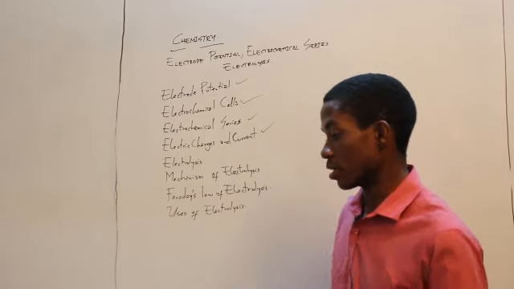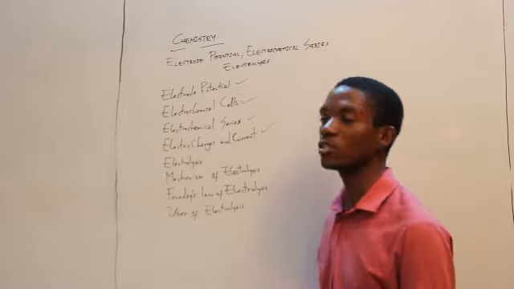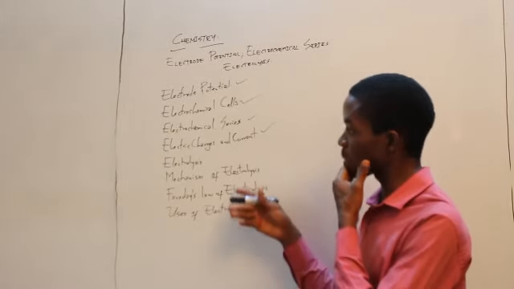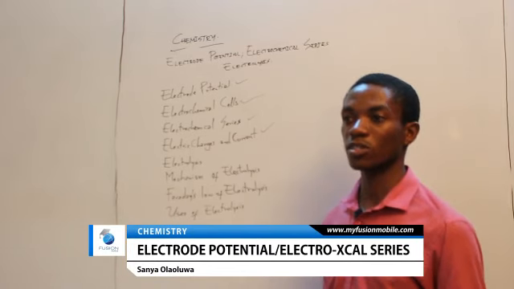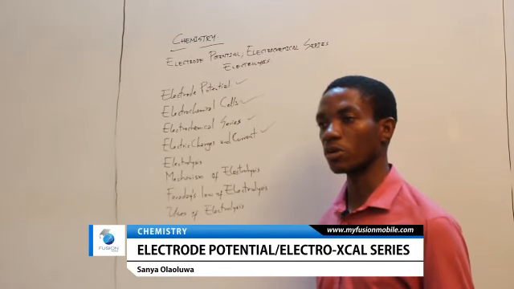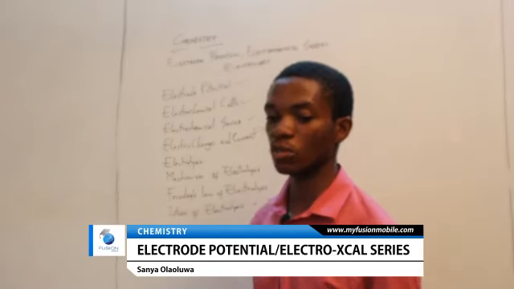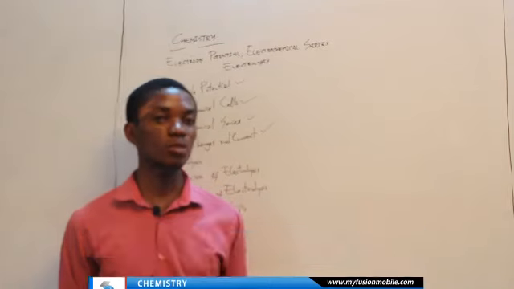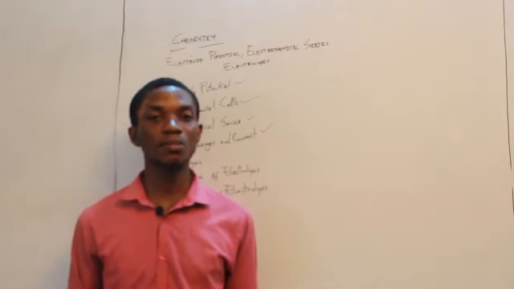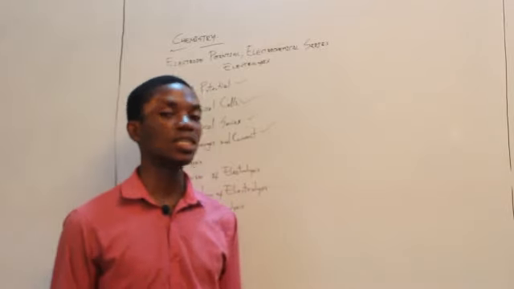Before we go to the mechanism, we have to understand certain principles. One of the principles we have to understand is the ionic theory. In the ionic theory, we're made to understand that all substances contain ions, atoms, and these atoms can be broken down into ions when they have the opportunity.